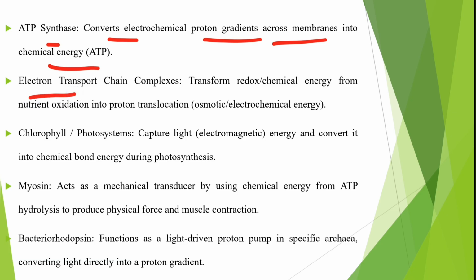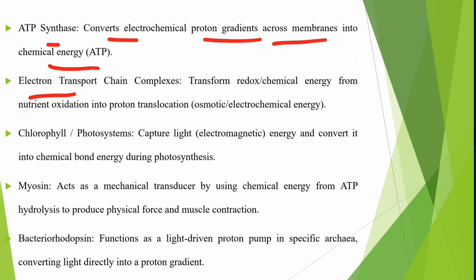There are 4 complexes present on the inner mitochondrial membrane, and electron transportation takes place from one complex to another. During that process, protons are transferred from the mitochondrial matrix to the intermembrane space of mitochondria, and finally that gradient helps to form ATP.